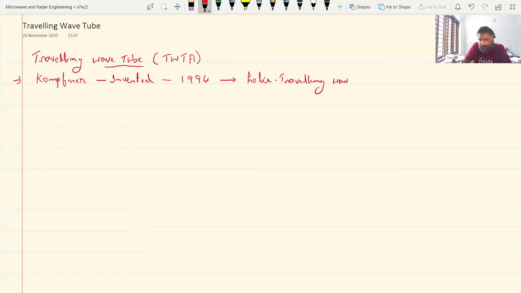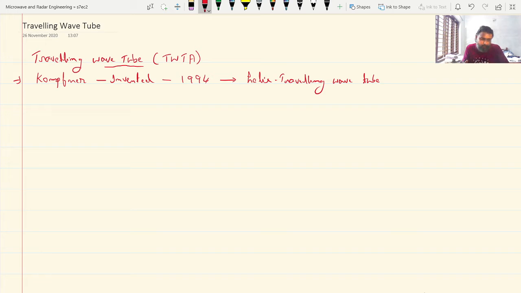Afterwards, the basic structure of this helix traveling wave tube was changed, and it has been utilized for broadband application and so on.